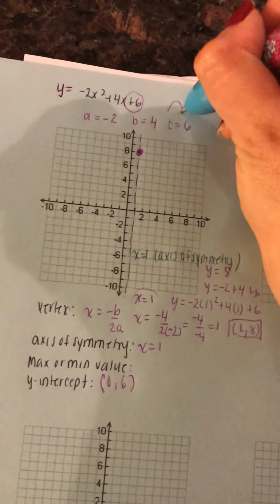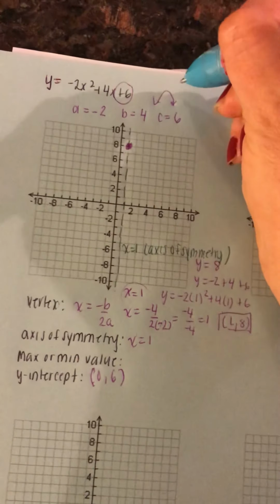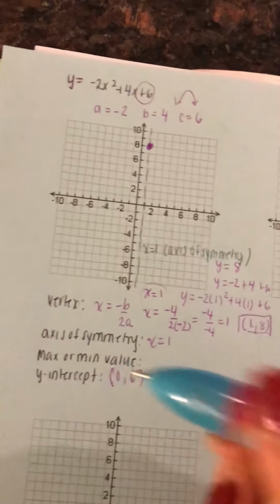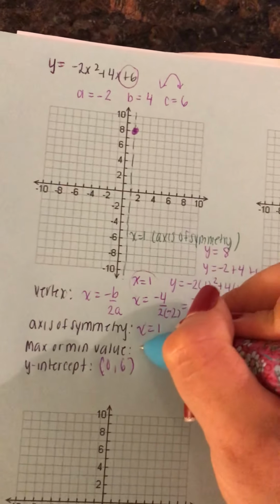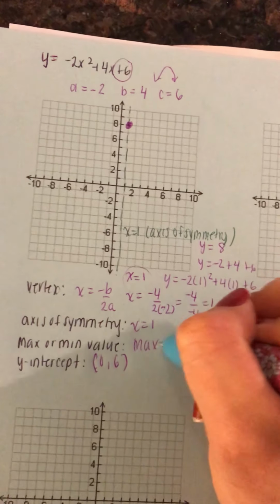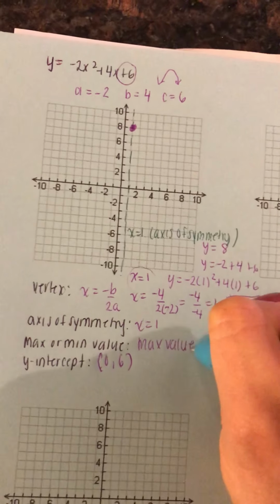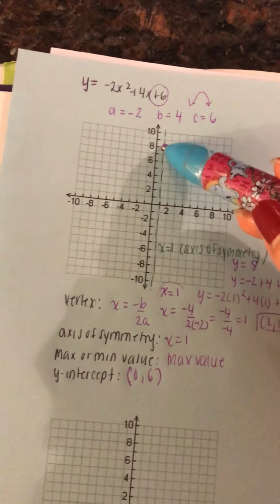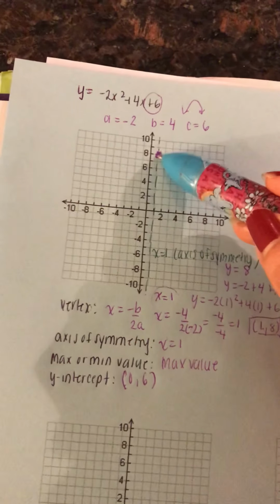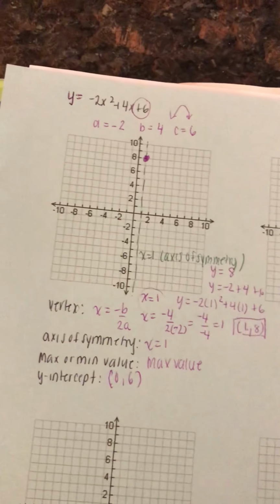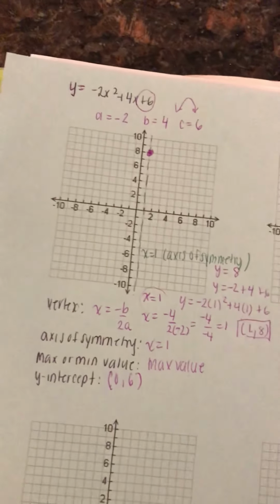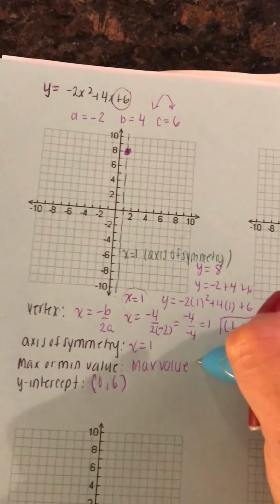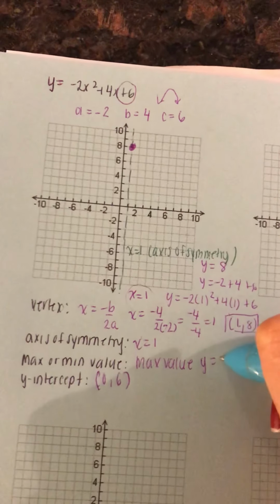That means our parabola is going to open down, so we're going to get a max value. And the max value is going to be the y value of the vertex, because the vertex is either the highest or the lowest point of the parabola. So the max value is going to be at y equals 8.